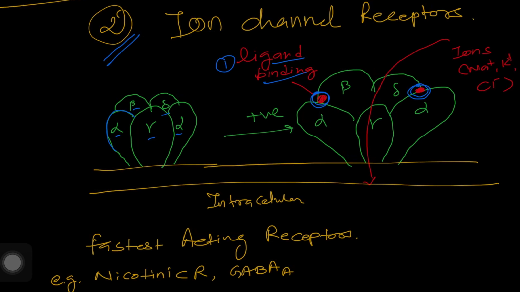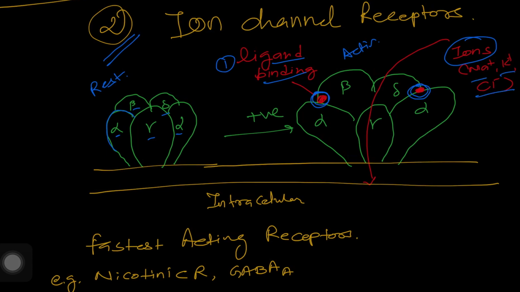Let's say, for example, these are flower shaped and they get activated. Upon activation, these channels open up. For example, this is the resting or inactive state, and this is the activated state. So on binding of the ligand, the channel becomes open, and now there is movement of ions in and out of those channels.